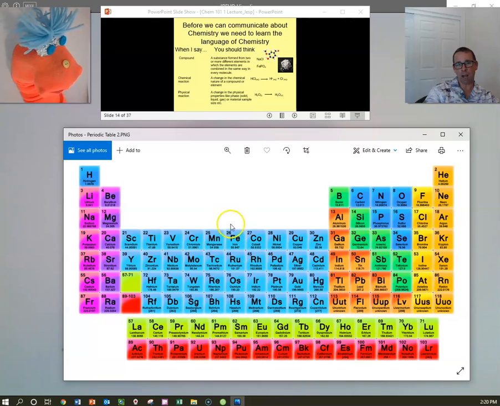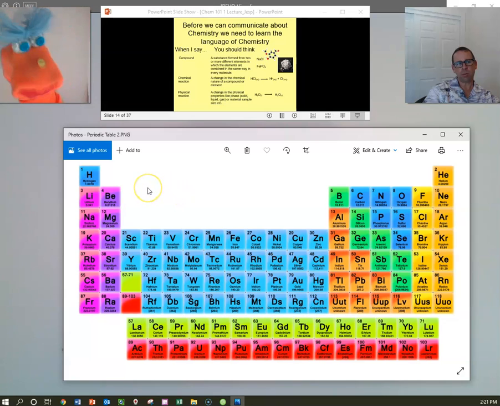Iron, right? So is iron a metal or a nonmetal? It's a metal. That's right. So iron is a metal, and that means all of these on this side of the staircase are metals, whereas these ones over here are nonmetals. So when a compound only contains nonmetals, then we say that the compound is molecular.